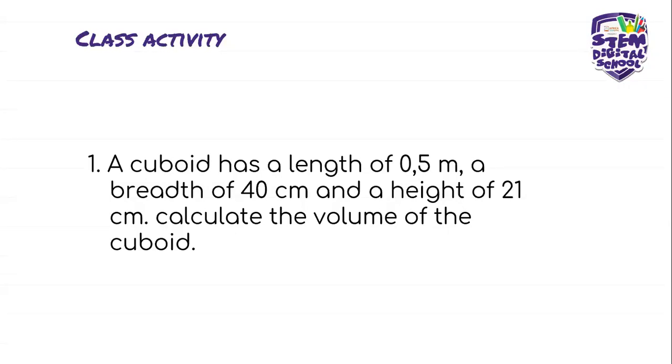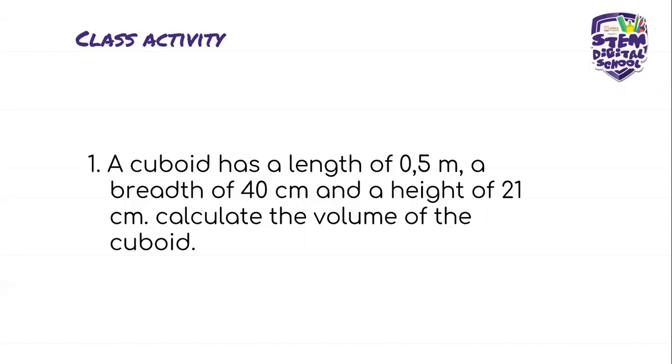To calculate the volume of a cuboid, you simply multiply the area of the base by the height. And in this case, the height is given. The height is 21 centimeters, and the length is 0.5 meters.